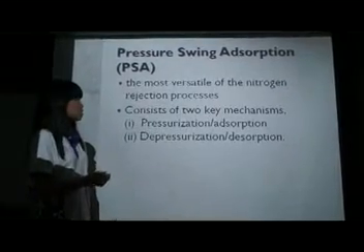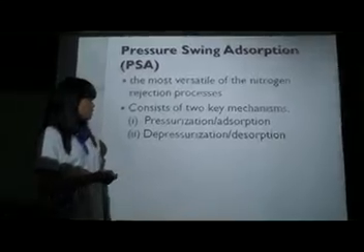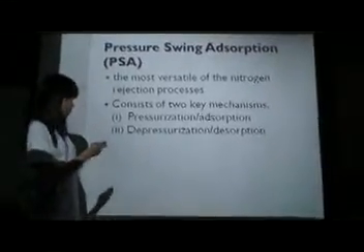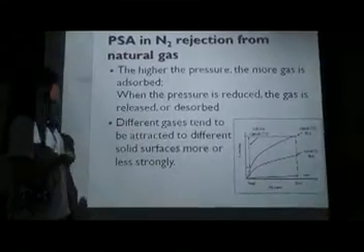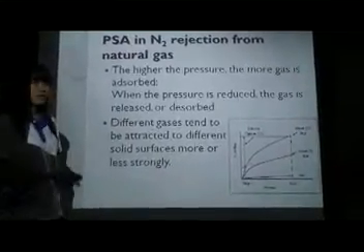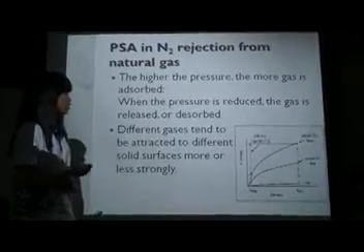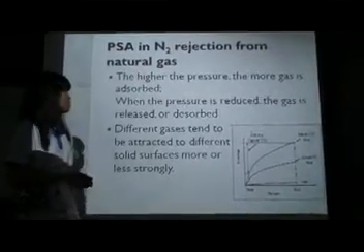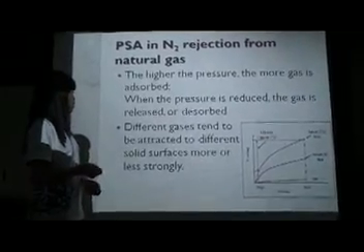It consists of two key mechanisms: pressurization and adsorption, and the second is depressurization and desorption. In PSA for nitrogen rejection, the higher the pressure, the more gas is adsorbed. When the pressure is reduced, the gas is released or desorbed. Different gases tend to be attracted to different solid surfaces more or less strongly.